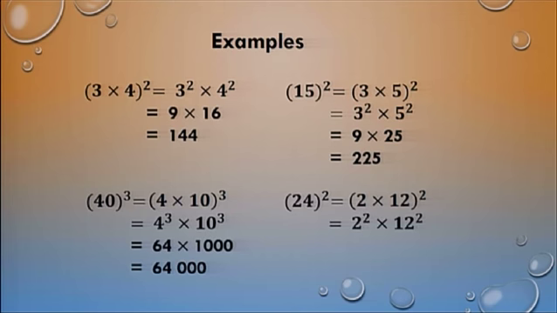So we'll end up with 2 power 2 times 12 power 2. It is equal to 4 times 144, and the answer is 576. As such, you can perform various calculations using this rule of indices. It will help you to find big numbers without using calculators.